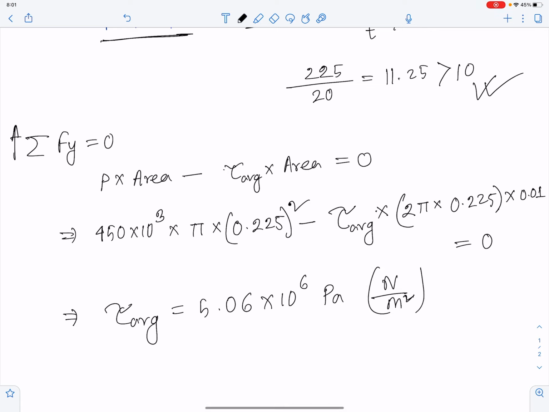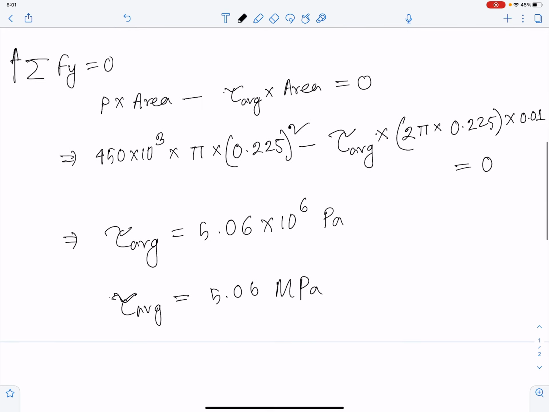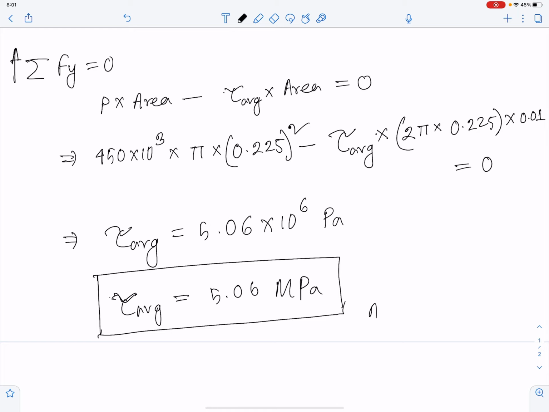So tau average would be 5.06 megapascal. So we already got the average shear stress. This is our answer 1.